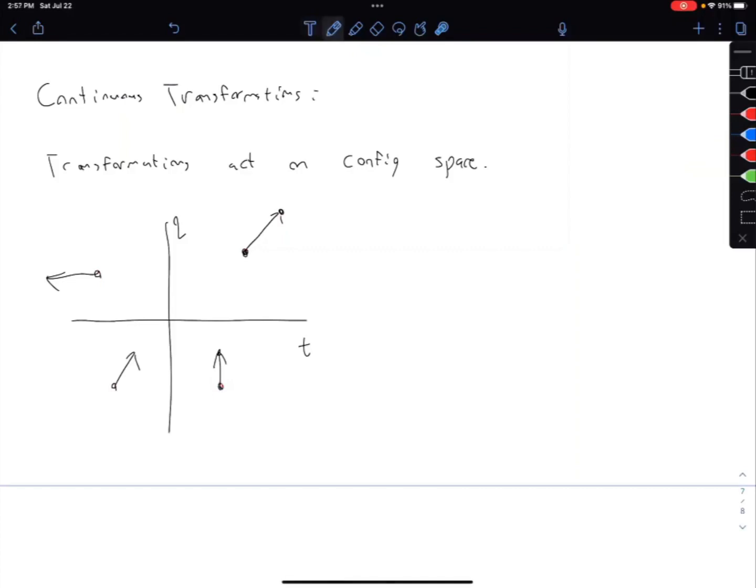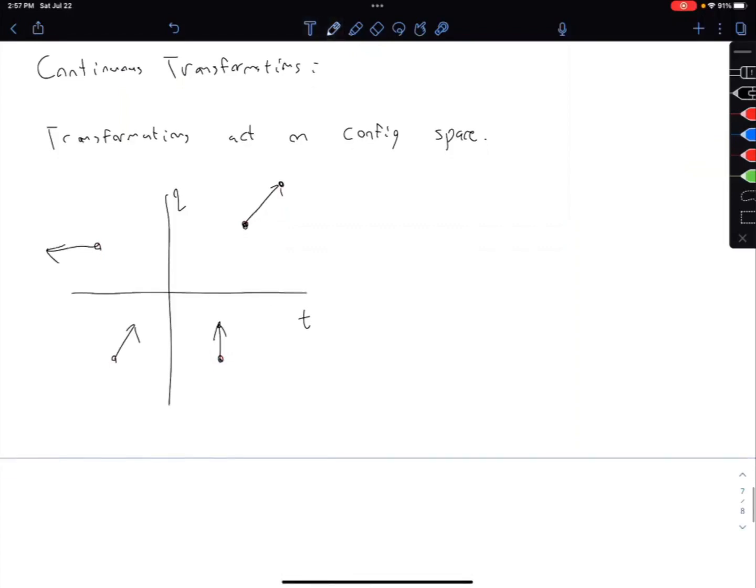These are just points in configuration space. Mathematically, we can write this as Q will be transformed into Q plus epsilon delta Q, and T will get transformed into T plus epsilon delta T.